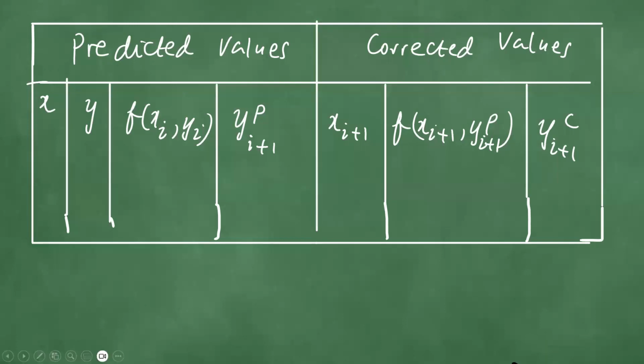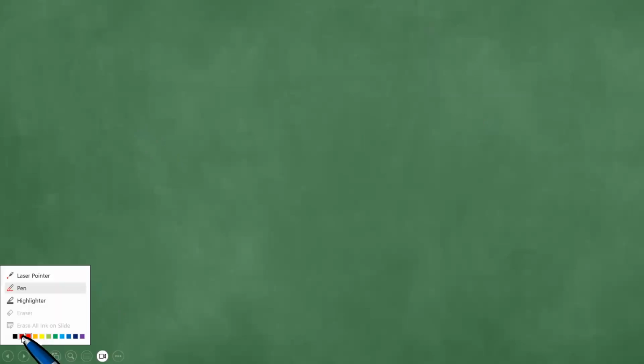In other words, we're going to have the predictor values where we have the x, the y, the f of x_i, y_i, the predictor value, and the x_i plus 1, which becomes the next one. We're going to see how that works. Obviously we're going to see better with examples. Let's mention the notion of the predictor and the corrector methods here.